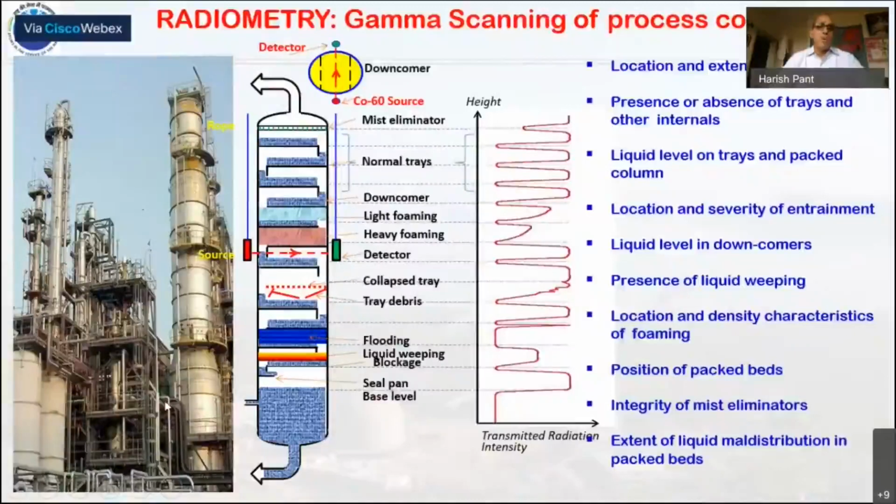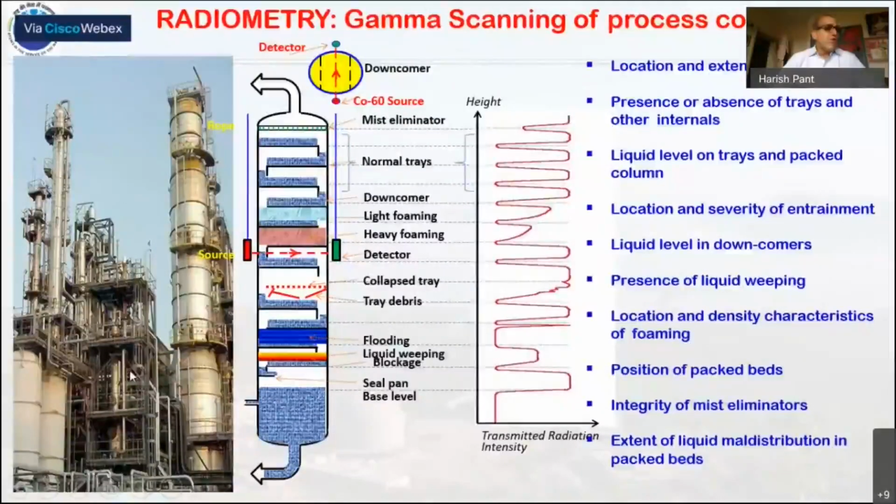They have some internals, in some cases trays, beds, and different kinds of mechanical structures inside. The process fluid flows from top to bottom, or in some cases from bottom to top.